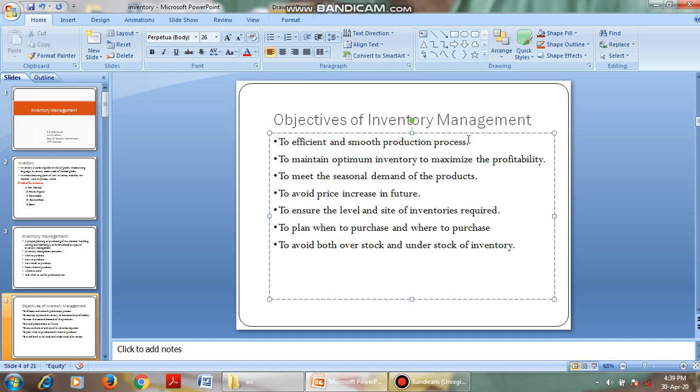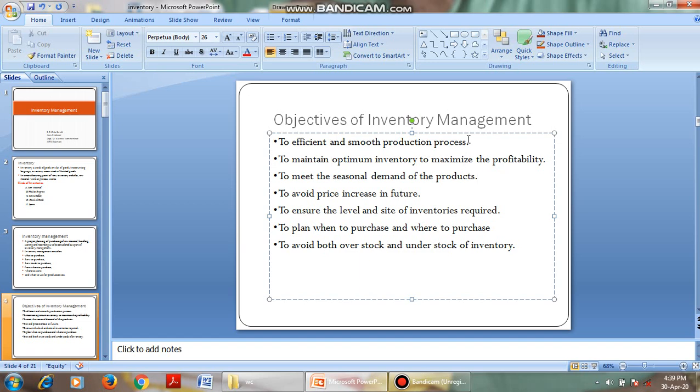Next one is to maintain optimum inventory and to maximize profitability. Inventory management should not maintain over inventory or under inventory. It has to maintain an optimum level of inventory so as to maximize profitability.